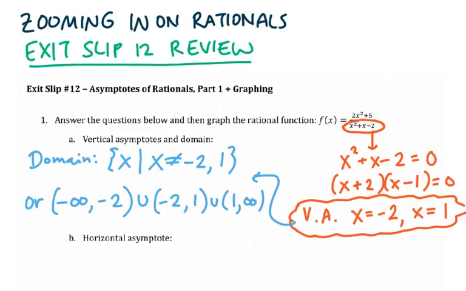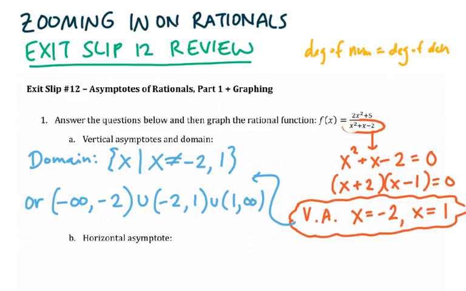For the horizontal asymptote, we learned that there are three different cases. So if needed, you can go back and review the three cases to consider. But in this example, we notice that the degree of the numerator is equal to the degree of the denominator. So in that case, we really are looking for the ratio of the coefficients out front.